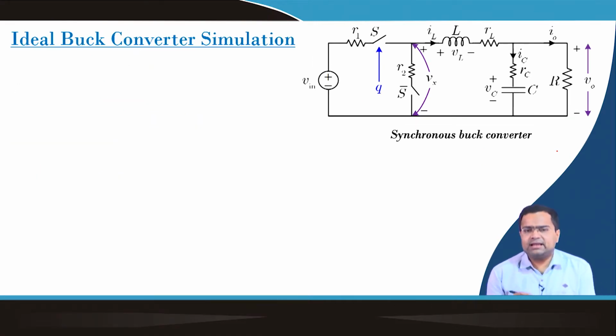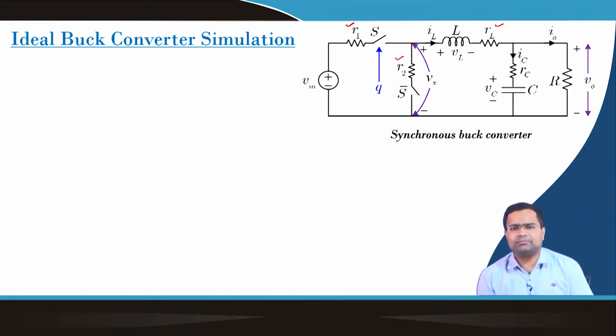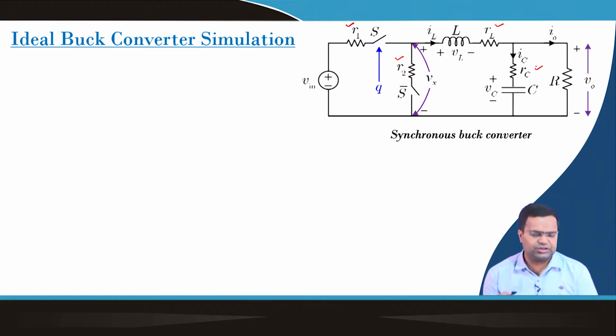Next, in the ideal simulation, I have replaced all these parasitics R1, R2, RL, which is the DCR of the inductor, and the ESR of the capacitor, all are set to 0.